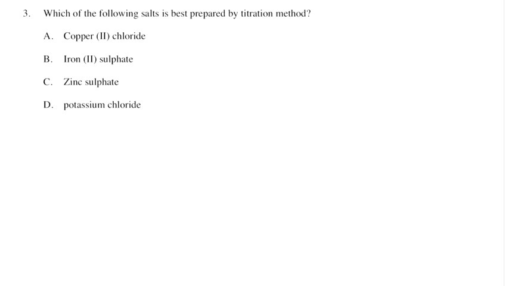So let's find out. Copper(II) chloride does not contain sodium, potassium, or ammonium. Again, B and C are not with sodium, potassium, or ammonium. Okay, so the correct answer should be D, potassium chloride. And if you have interest, you can suggest a correct way to make this kind of salt just to test your understanding for this unit.